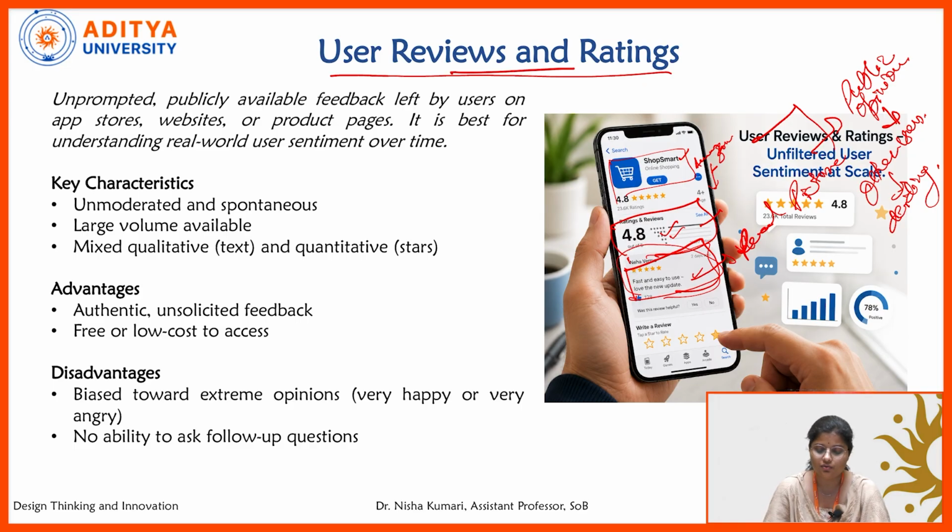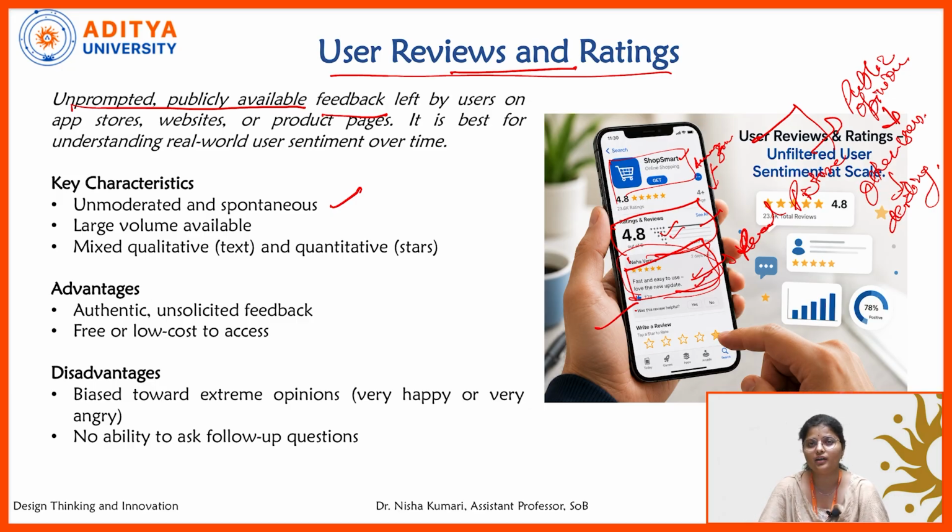So when we talk about user reviews and ratings, these are unprompted and publicly available feedback left by the users, and they are unmoderated and spontaneous. It's not like you can change this feedback. It's given publicly by the users. We can't modify it and we can't change it.